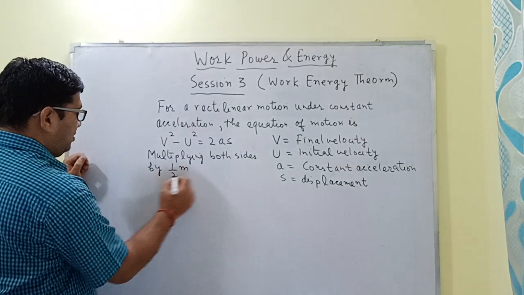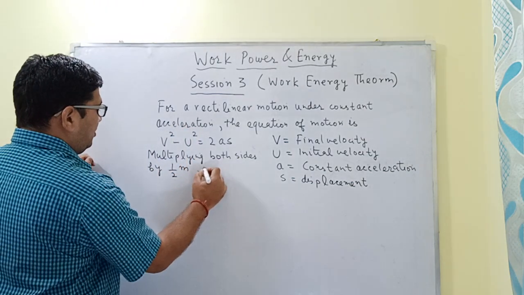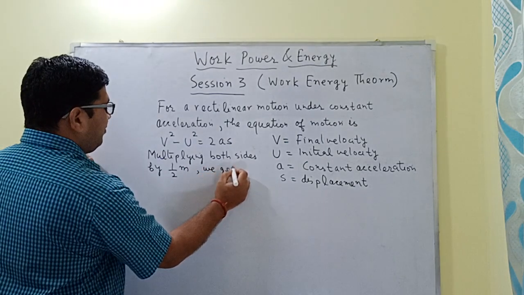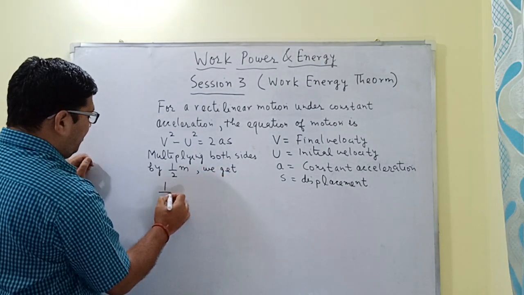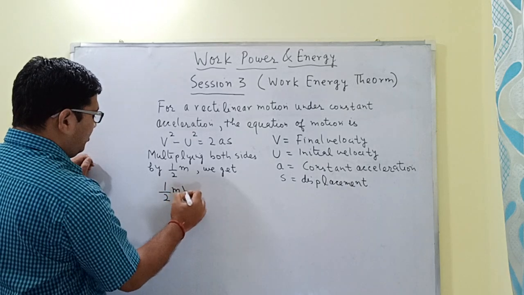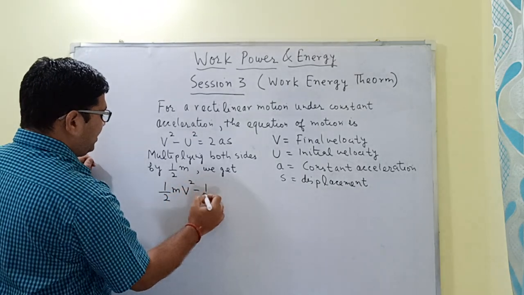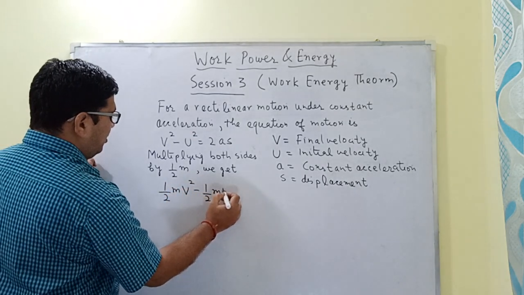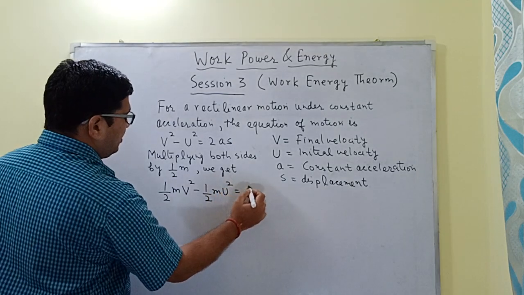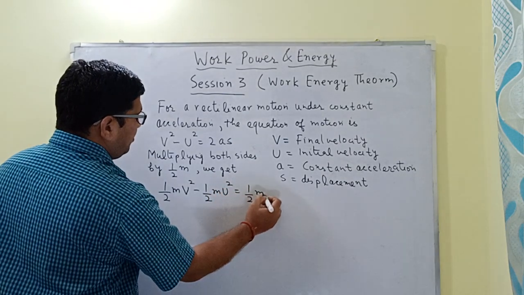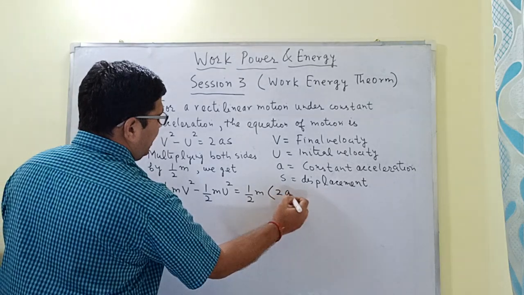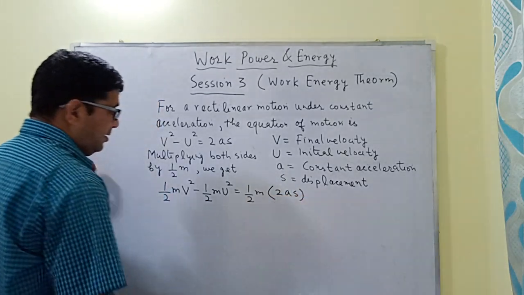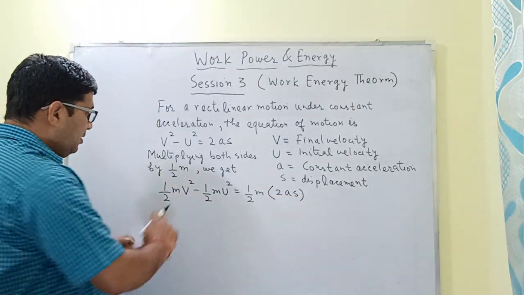So हमें यहाँ पे क्या मिल जाएगा? We will be getting half m v square minus half m u square, which is equal to half m 2as. ठीक है ना? ये हो गया.